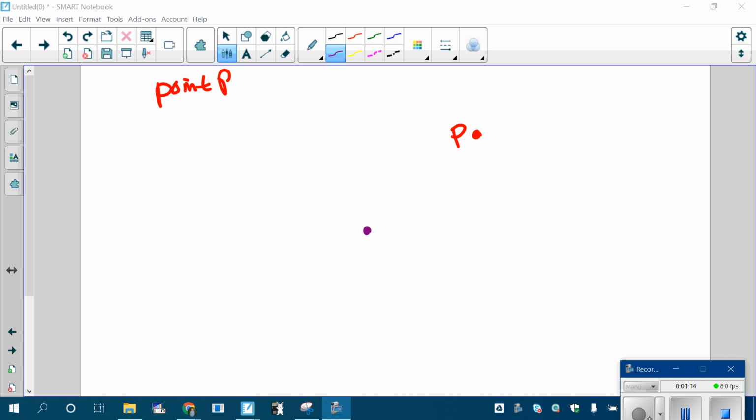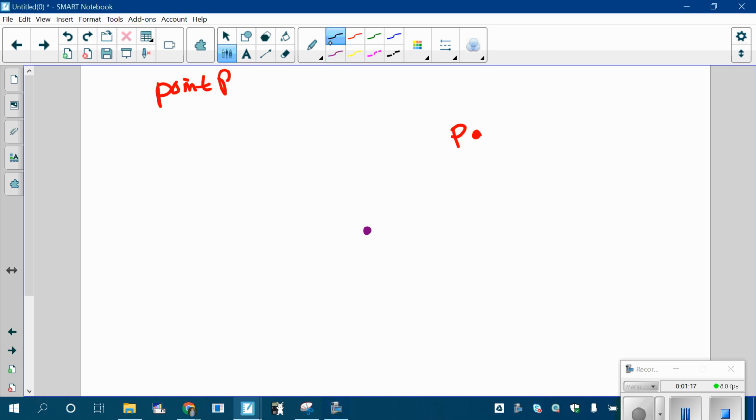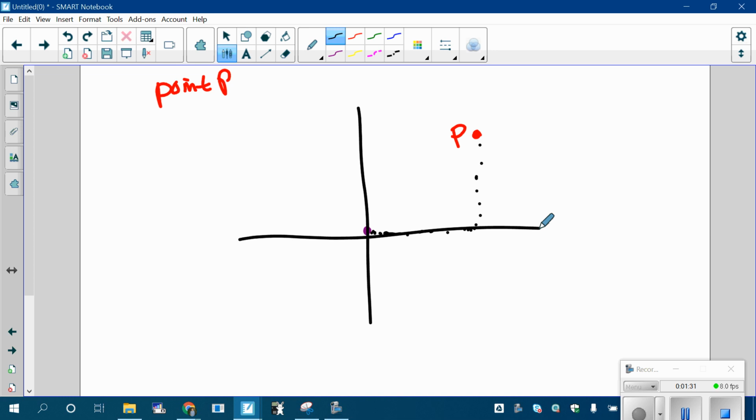And the traditional way we've done it is we've said, I'll tell you where point P is by telling you how far over and how far up it is from the starting point, from our reference point. And the way we've always done that is by drawing a graph like this and calling that purple point the origin and saying it's over 4 units and it's up 6 units or whatever, and that's where the point P is. We've talked about how far over and up a point is compared to a starting point.